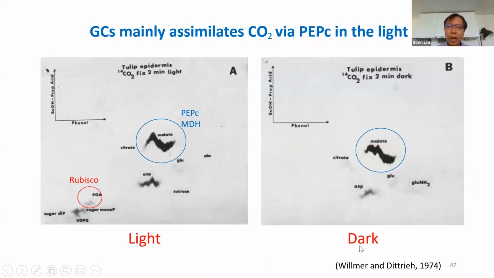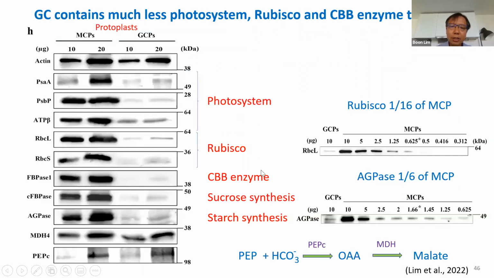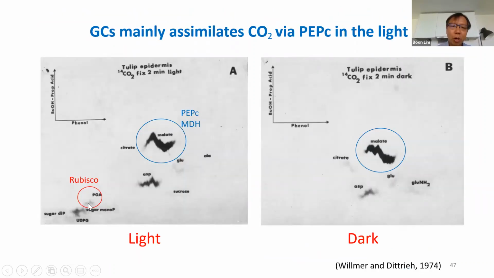In fact, many years ago, it was published that using tulip epidermis, which is believed to have a high amount of guard cells, under light the CO2 is mainly fixed into malate rather than free PGA. It can still fix a little bit of free PGA like this. Free PGA production requires this, but because the protein levels are low, it generates only a small amount.